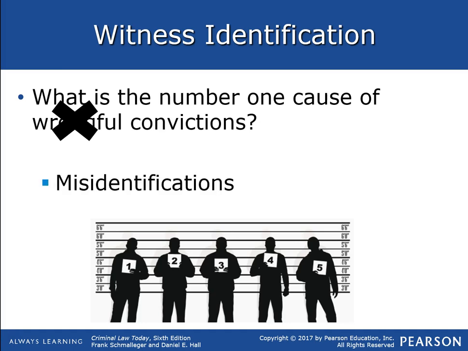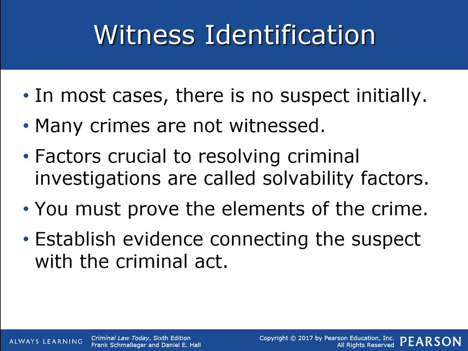So with that being said, we're going to talk about misidentifications and why they are the number one cause of wrongful convictions. And we'll also talk a little bit about how do we develop witnesses if there perhaps isn't one at the scene. So let's jump right in.